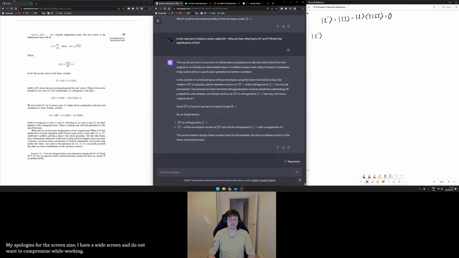The process of Gram-Schmidt orthogonalization involves iteratively subtracting off projections onto already normalized vectors. So 2 prime is orthogonal to 1 but may not have a magnitude of 1. Once 2 prime is found, it can be normalized to get 2. So in simple terms, 2 prime is orthogonal to 1, 2 is a normalized version of 2 prime and will be orthogonal to 1 with a magnitude of 1. The prime notation simply helps to keep track of intermediate, not yet normalized vectors in the Gram-Schmidt process.